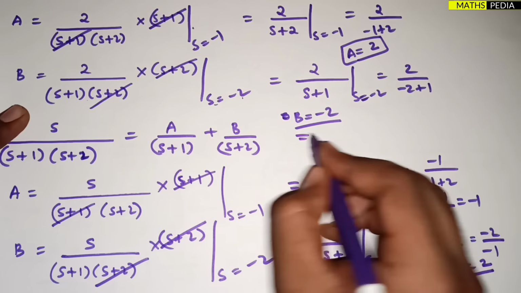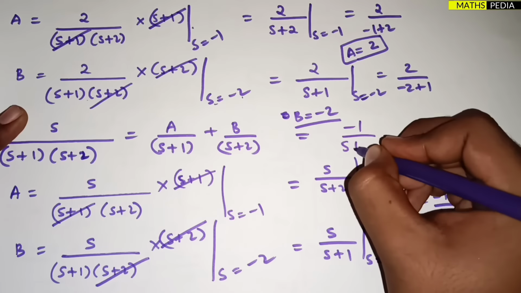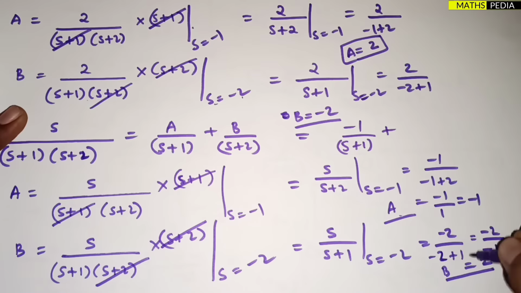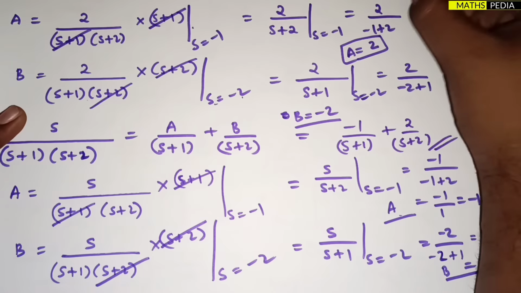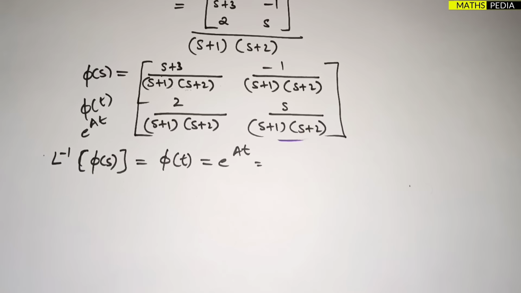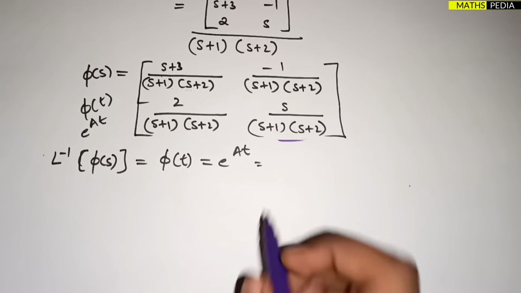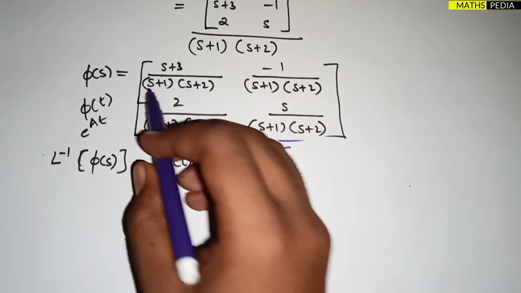So substitute here: A value is minus 1, so minus 1 by s plus 1 plus B value 2 by s plus 2. Just note down this part. Now we'll directly substitute this in the whole matrix.